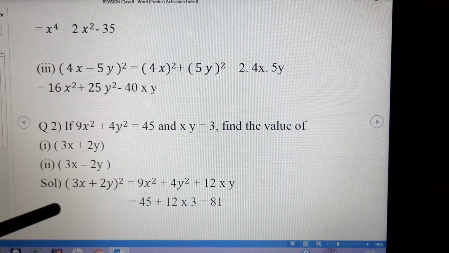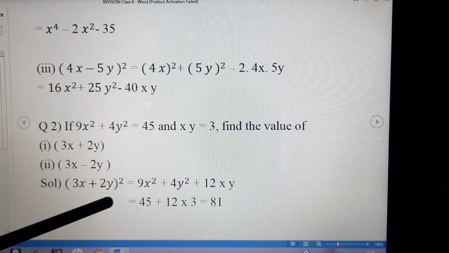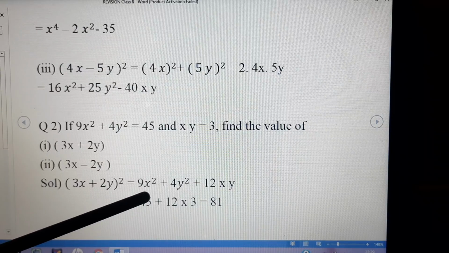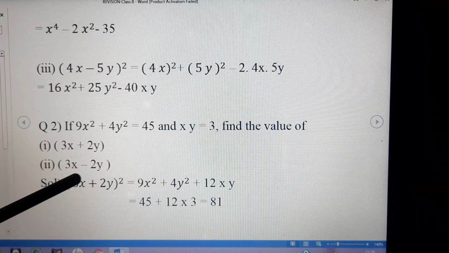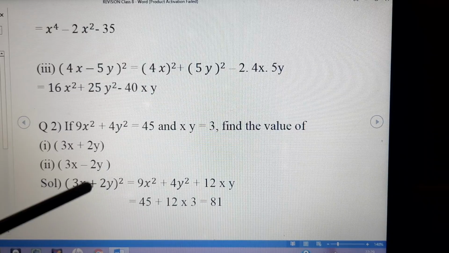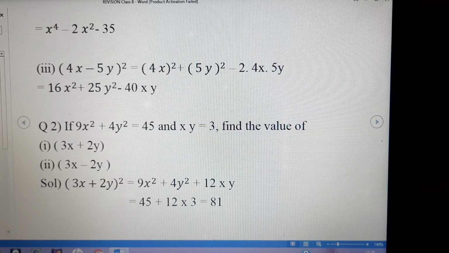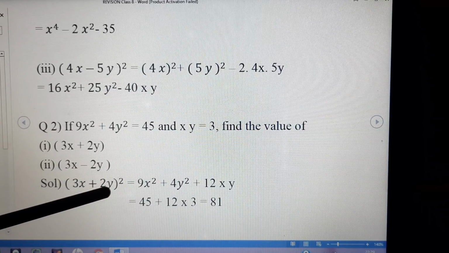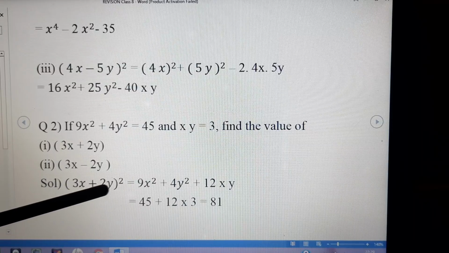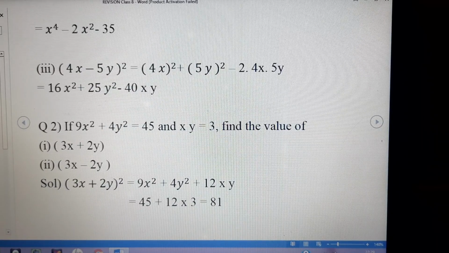So if we write (3x plus 2y) whole square, it can be written as a square, that means (3x) square, plus b square, that means (2y) square, plus 2 into 3x into 2y, 2ab. Clear? So it becomes 9x square plus 4y square plus 2 into 3x into 2y, which is 12xy.